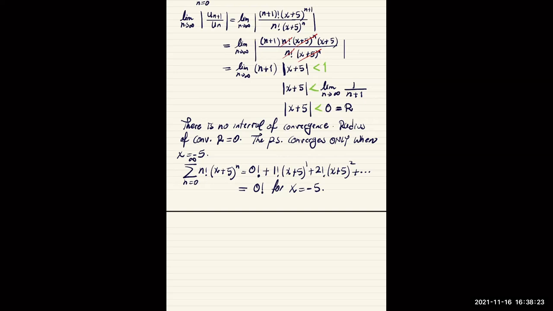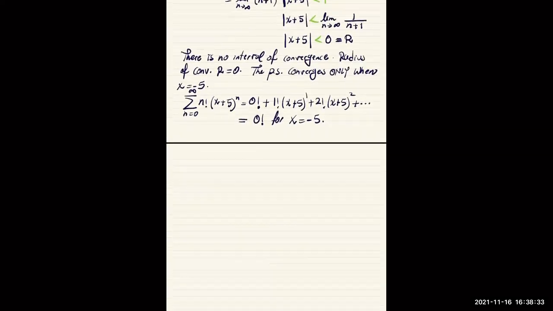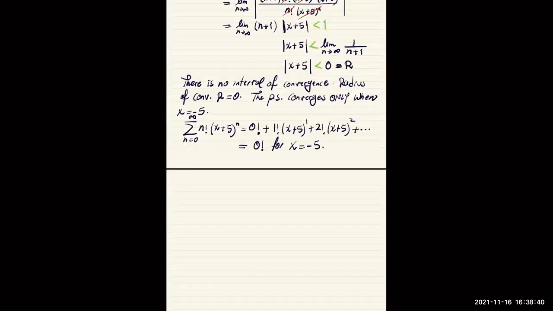The power series, I don't know what to say. It's singular, degenerate, it has a name. I don't remember what the name is, but it's just degenerate. Yeah, that's it. No interval of convergence, basically.